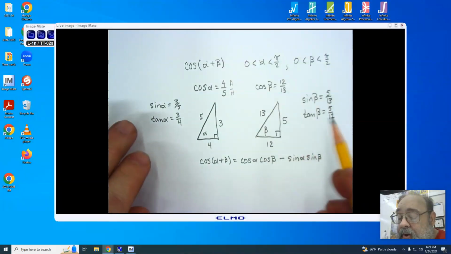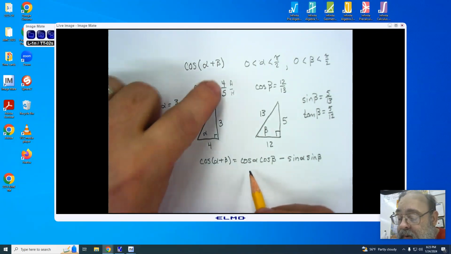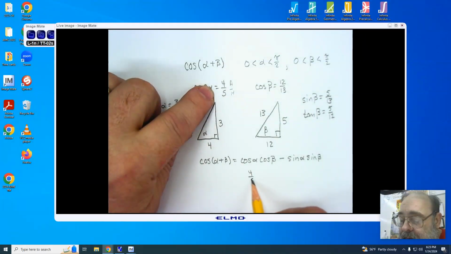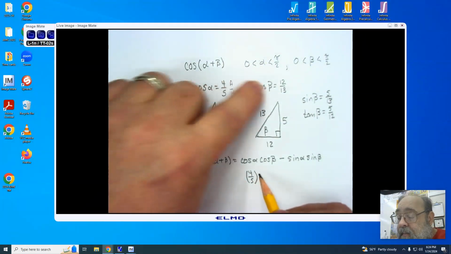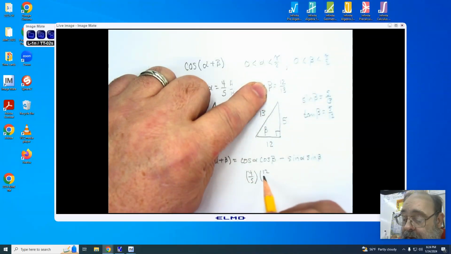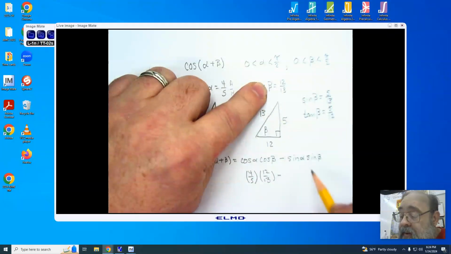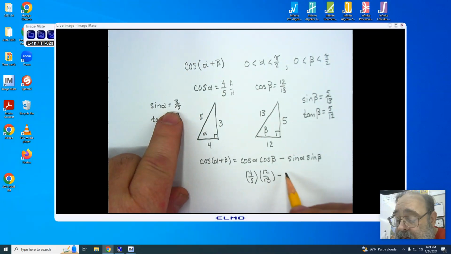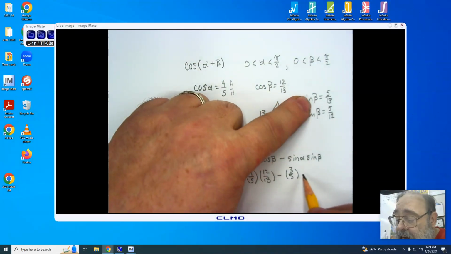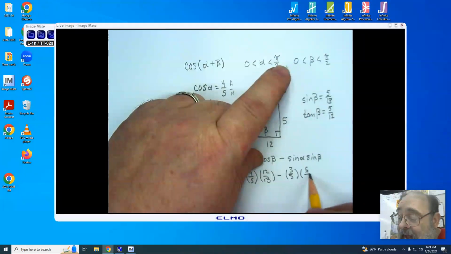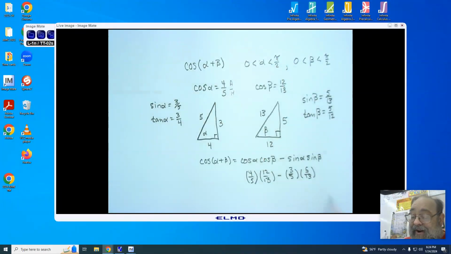We can now do a direct substitution. The cosine of alpha is 4/5. The cosine of beta is 12/13. The sine of alpha is 3/5. The sine of beta is 5/13. And there we go.